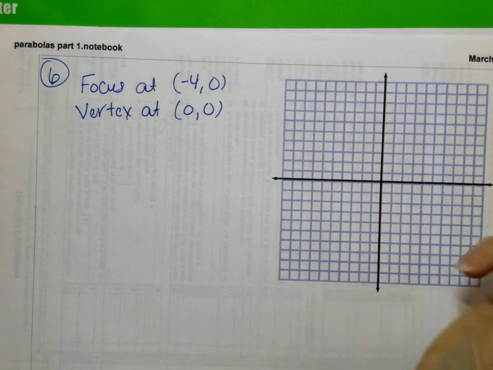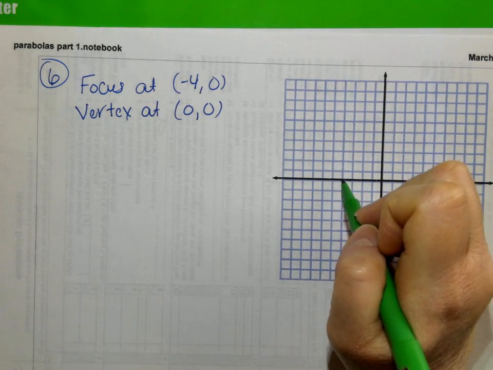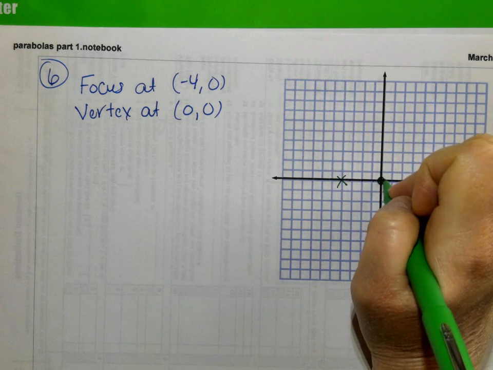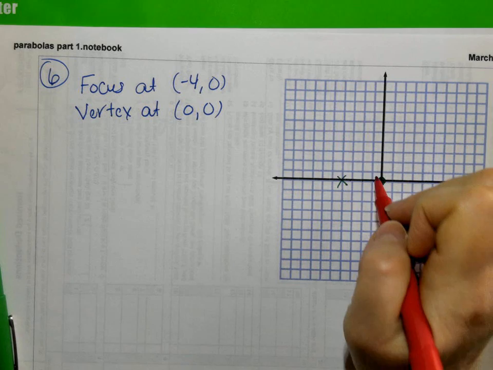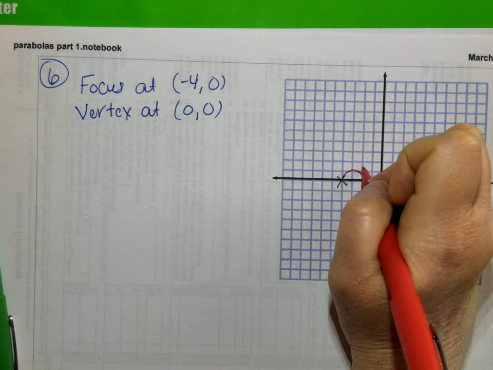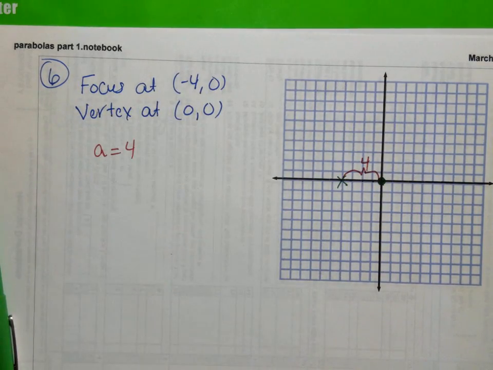Okay, in this case, my focus is at negative 4, 0. 1, 2, 3, 4. Negative 4, 0, and my vertex is at 0, 0. Bells should be going off in your head. So A must be 4.